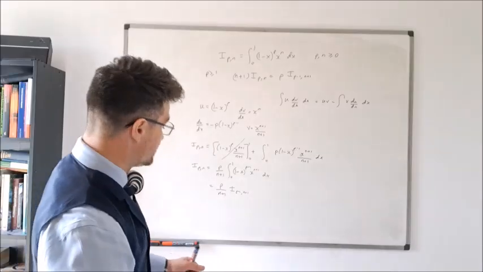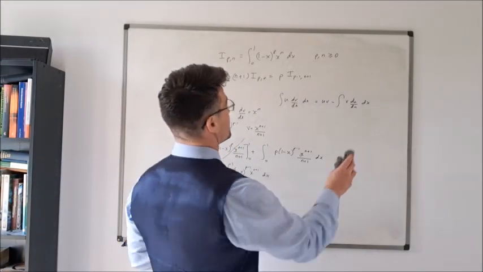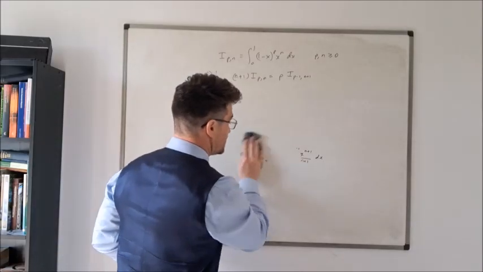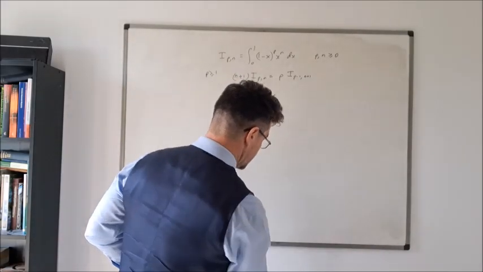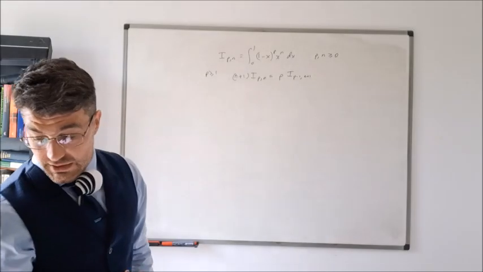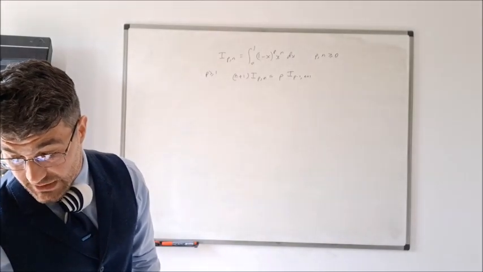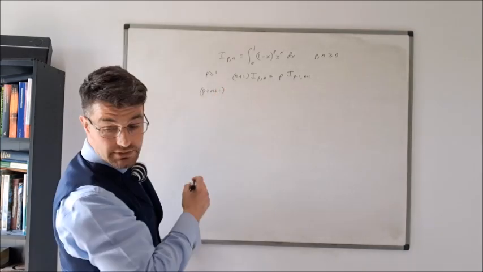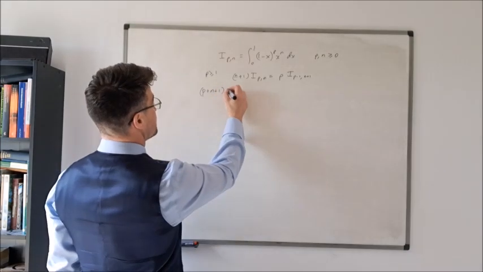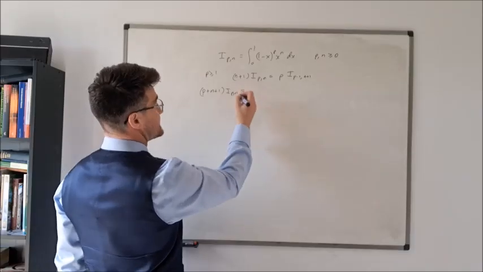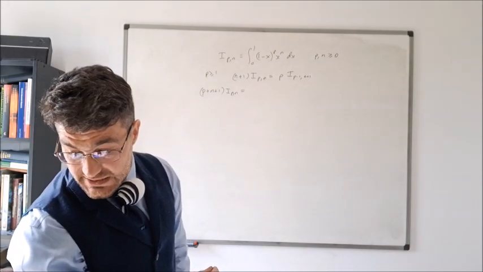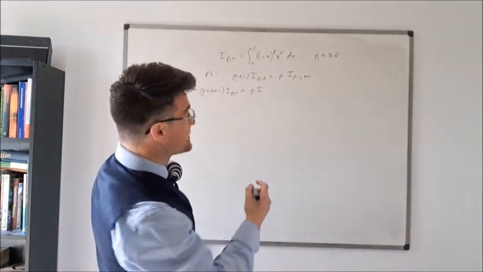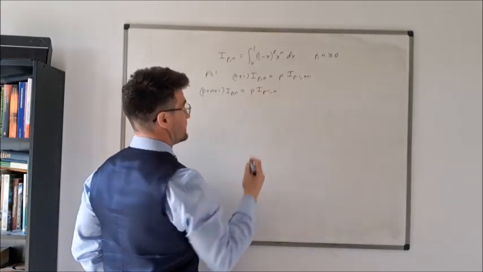Okay, so then I'm going to have to clear some space. Going further to show that p plus n plus 1, I_pn is equal to p times I_p minus 1, n.